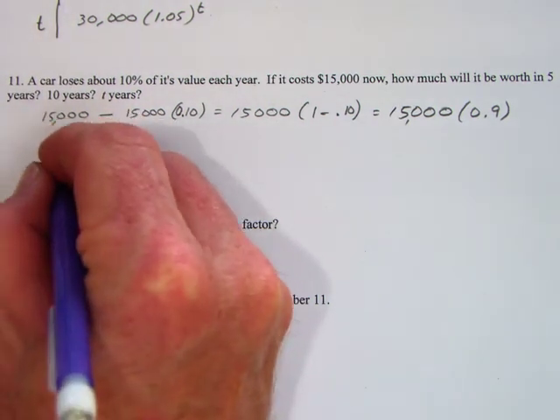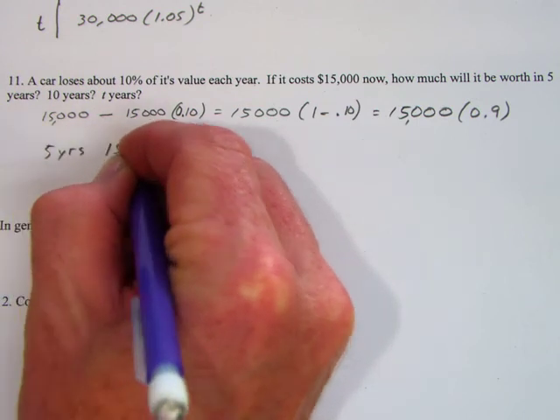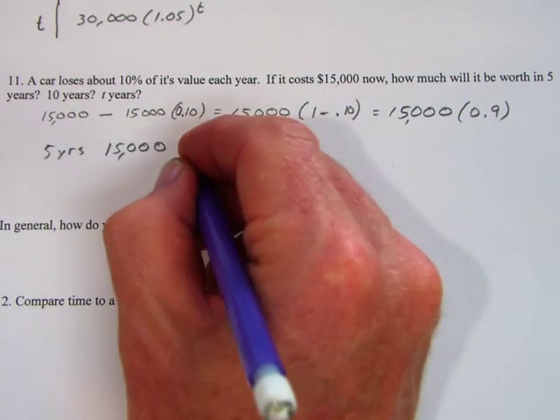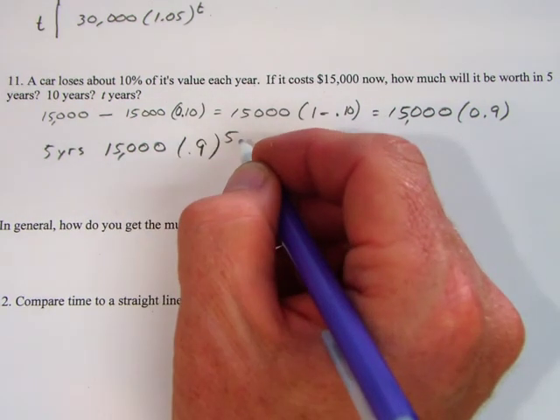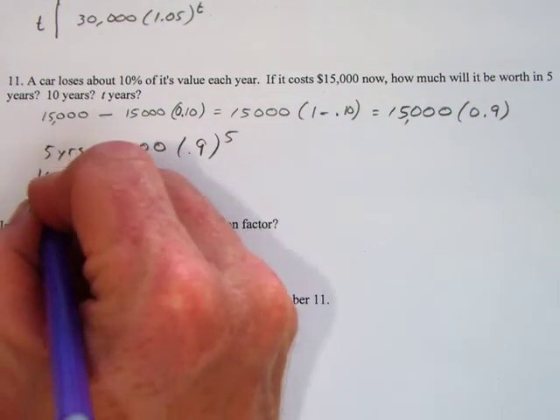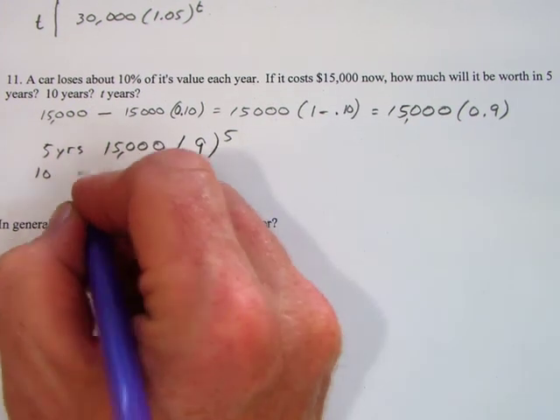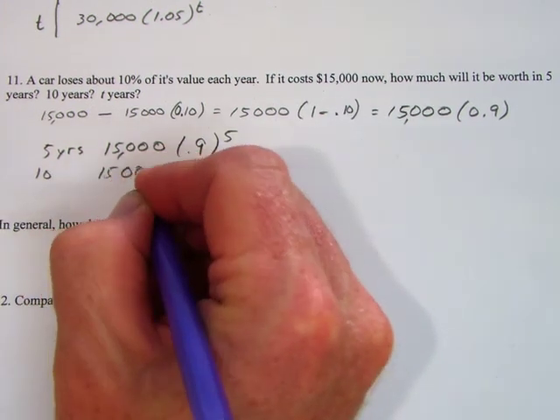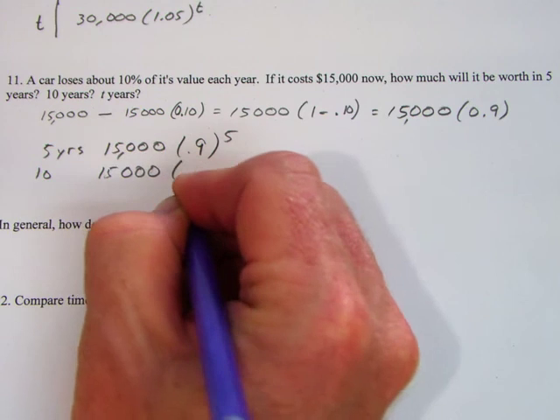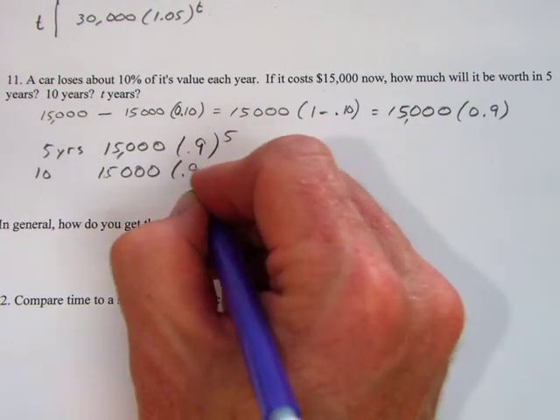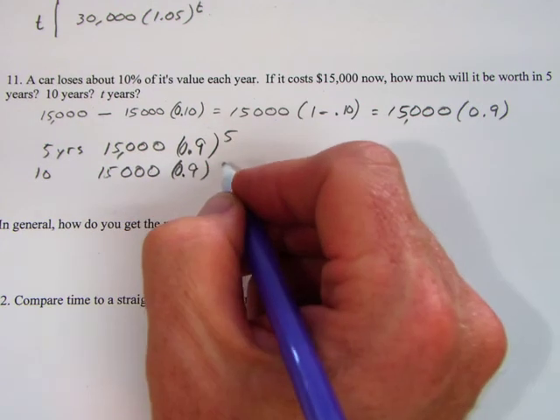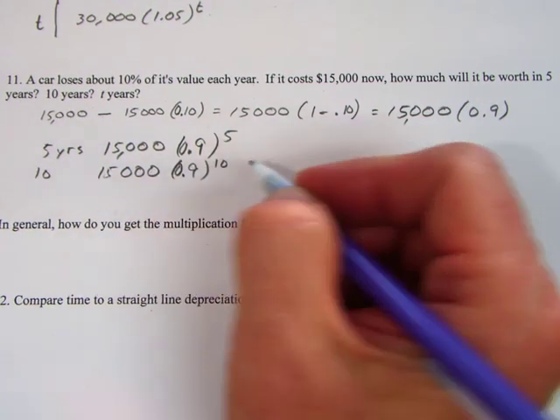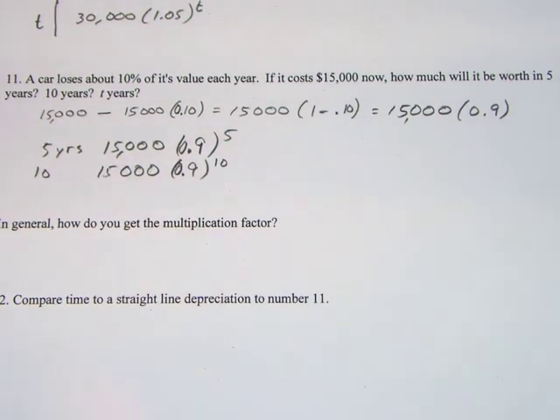In 5 years, we'll have 15,000 times 0.9 to the 5. In 10 years, we'll have 15,000 times 0.9 to the 10. Now let's type these in on the calculator.